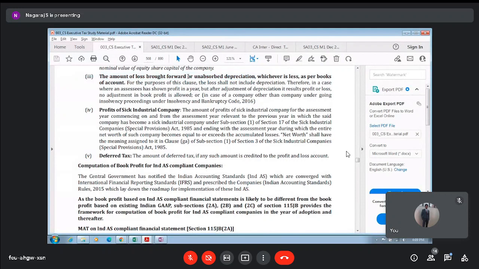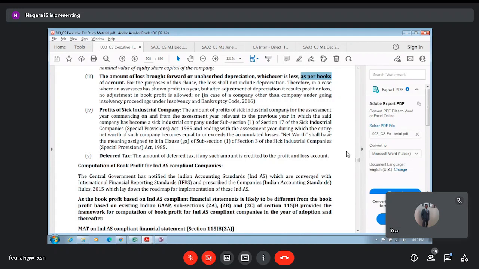They have used the word 'or'. 'Or' means either of them, either loss or unabsorbed depreciation, whichever is less, of profit as per books.